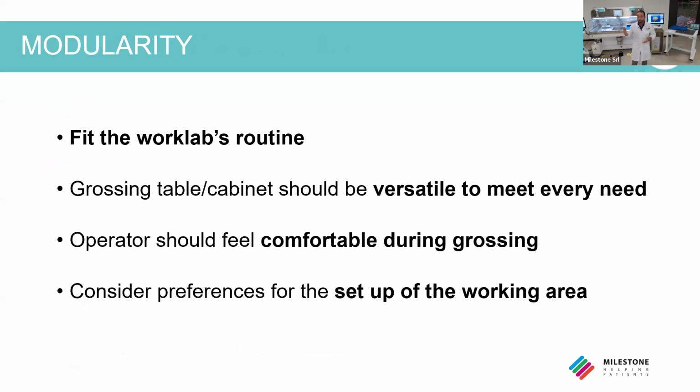On the other side, if you have to gross surgical or histological specimens, which are usually much bigger than a small biopsy, there's the need for a big cutting board. So the grossing table should be versatile. Nice to have would be a removable cutting board that can fit all the needs.